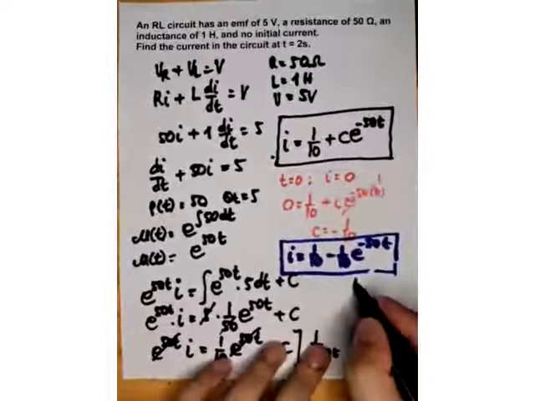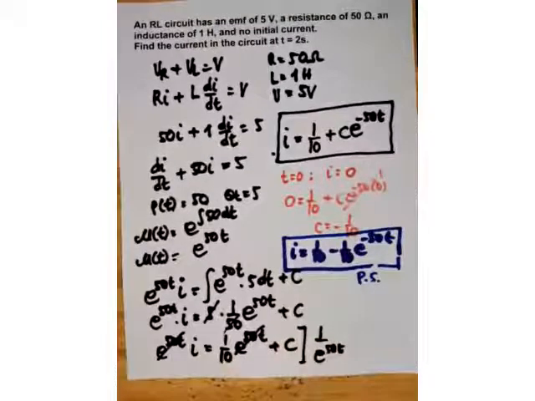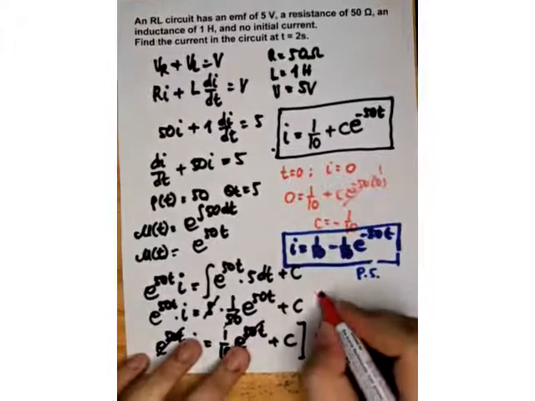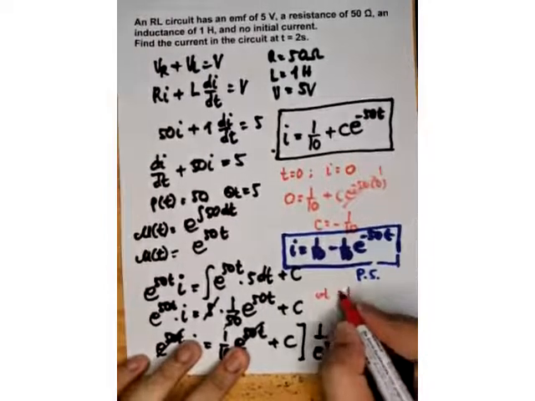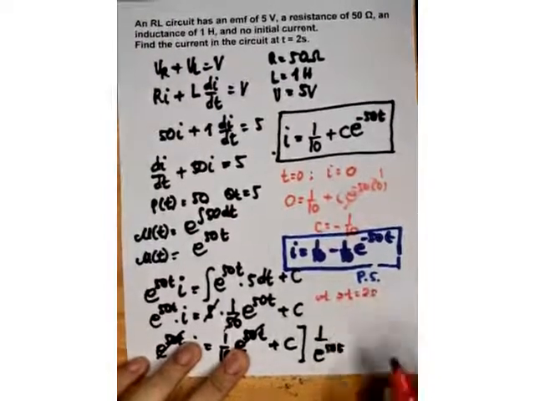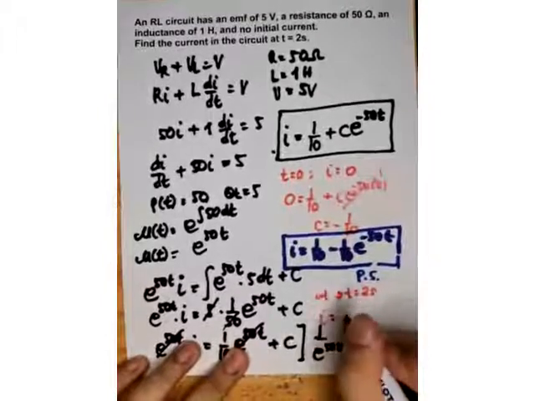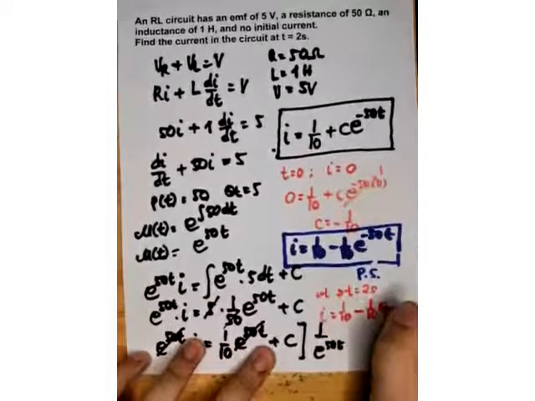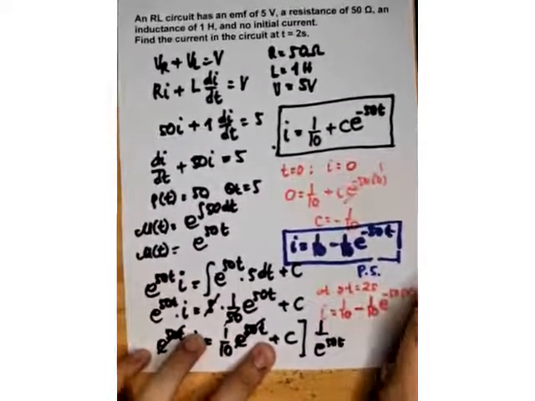So that's our particular solution. Okay, any question? Wala. Okay, kung i-apply na natin, at t is equal to 2 seconds, therefore the current is equal to 1 over 10 minus 1 over 10 e raised to negative 50 times 2.